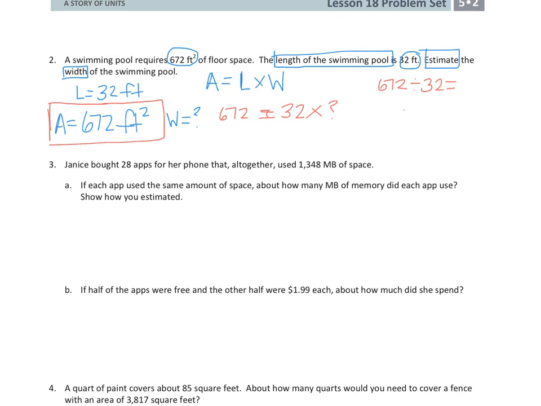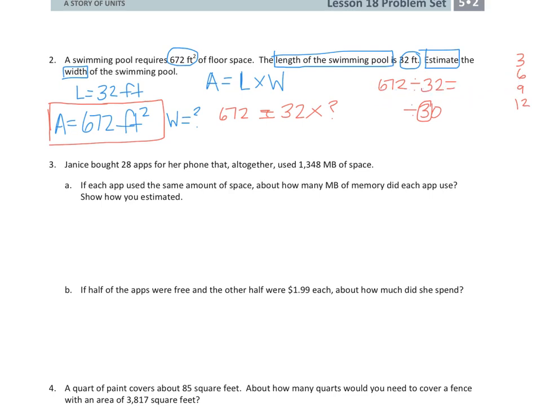All right, so we do know that 32 is close to 30. That's our divisor. We round first. We're going to use the basic math fact of 3. And if I did 3, 6, 9, 12, let's stop there. Looking at 672, you know what?